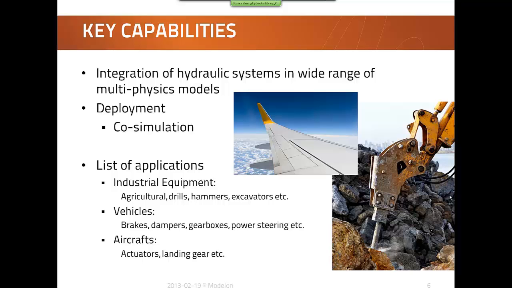I will show you an example for that as well in a minute. For aircraft industry, it can be actuators for the wing flaps, landing gear, folding mechanism, and so on. So there's a whole range of different applications where the hydraulics library is capable of solving a lot of questions.